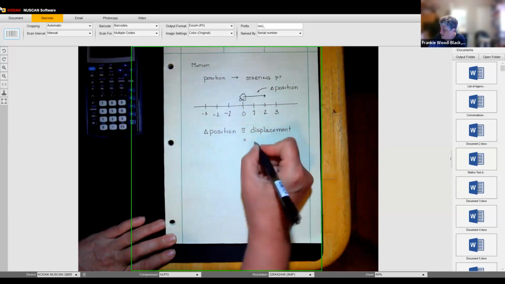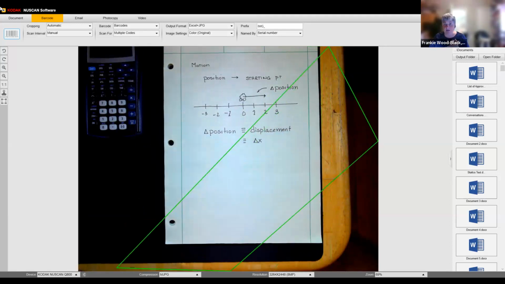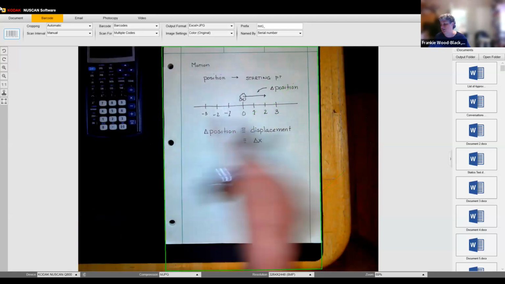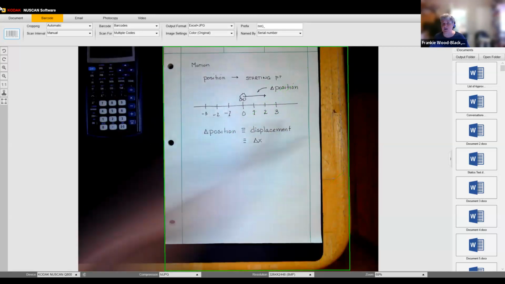And we typically represent it as a change in X. Now, it could be a change in Y. It could be a change in Z. It could be a change anywhere we're dealing with, but we're starting with one-dimensional motion, and it's easy to think of in the XY direction.